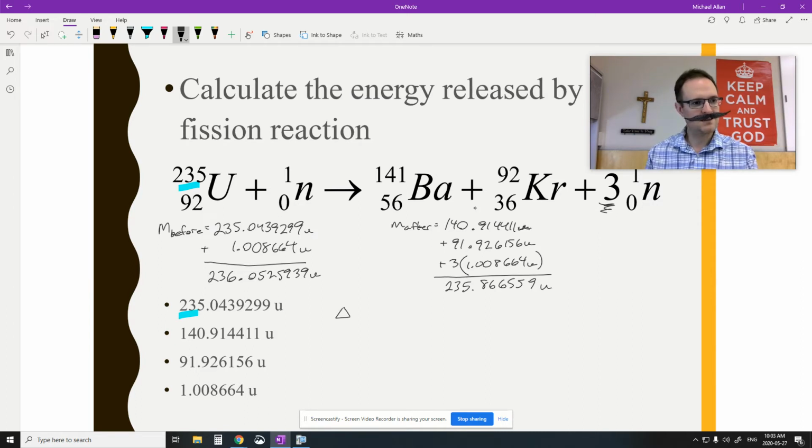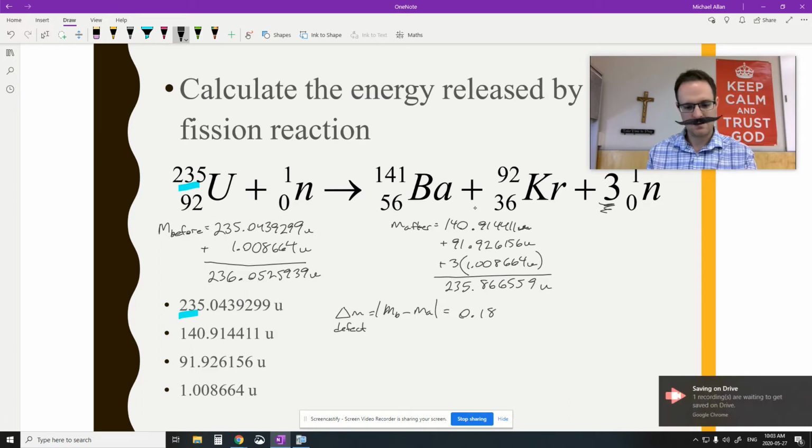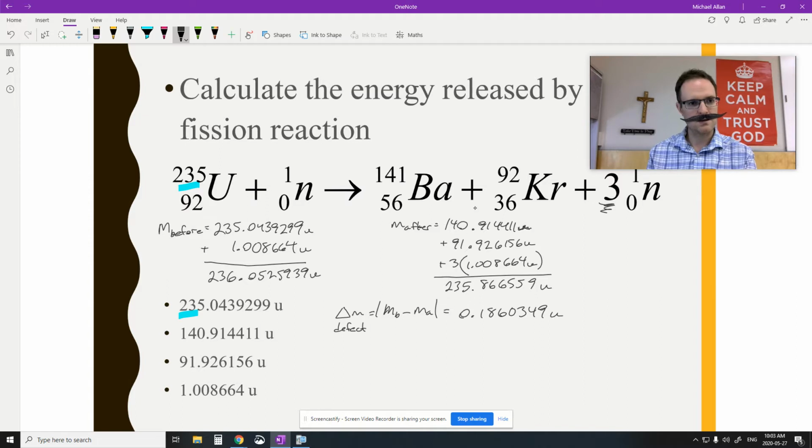Okay, so the mass defect here, because it looks like I definitely lost mass here, is going to be my mass before minus my mass after. I'm not worried too much about the sign, so I'll just take the absolute value of that. And I will get a 0.186039 atomic mass units.